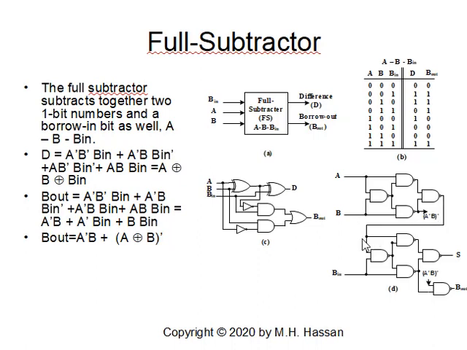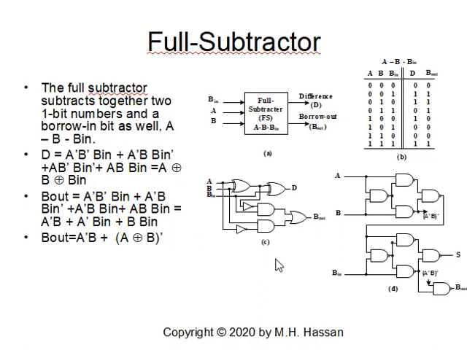Then this output taken exclusive OR Bn, so this will give me the difference D. And B out, simply this will represent B out, which is the output here taken along with this, those two outputs taken together to give me B out. And you can verify this. So the only typo here, S has to be changed to D. So this is the full subtractor.